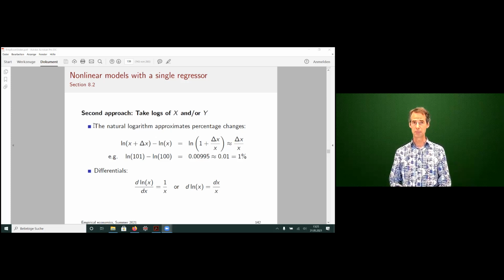The second approach is not to use x and y directly, but to take the logarithm of x and/or the logarithm of y. And why is that a good idea?